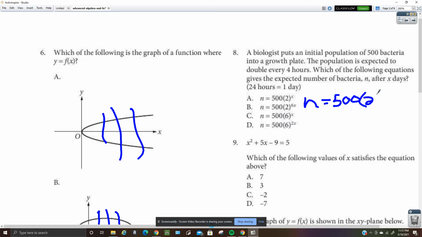And then you have 2 to the number of 4-hour periods in 24 hours, which is 6. So 500 times 2 to the 6x is letter B.